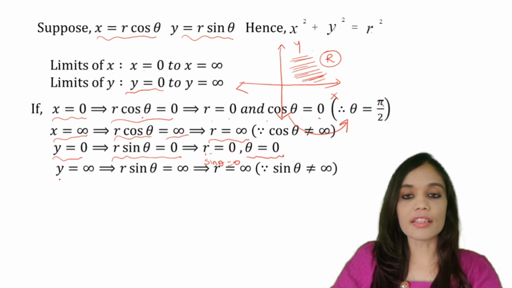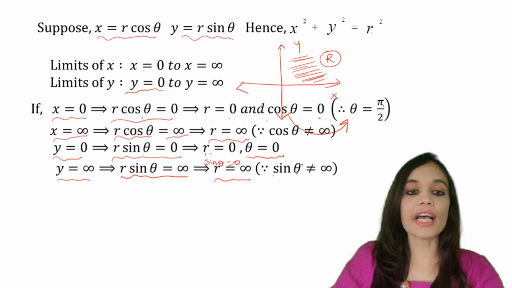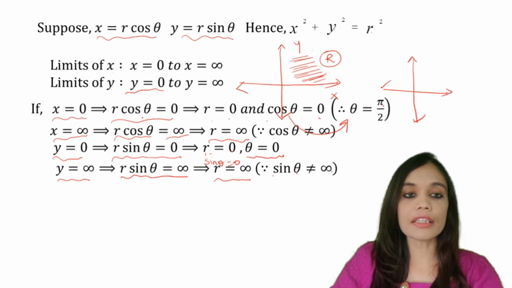And lastly, y is equal to infinity. Therefore, r sin theta is equal to infinity. Therefore, r is equal to infinity because sin theta can never go to infinity, right? So now let us draw the graph in our r and theta plane.